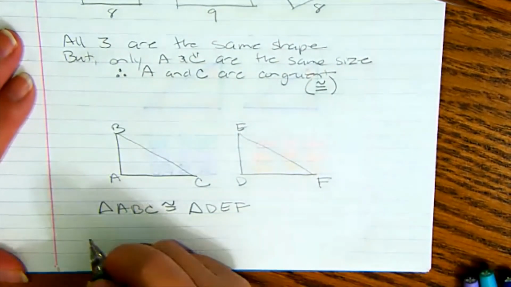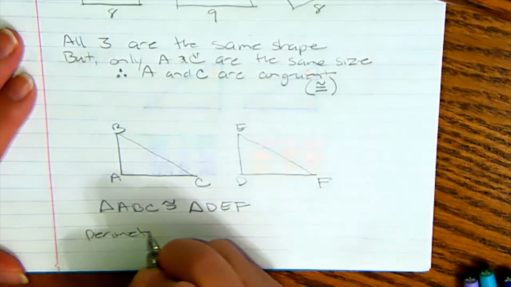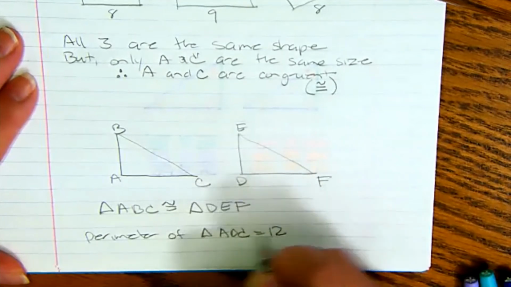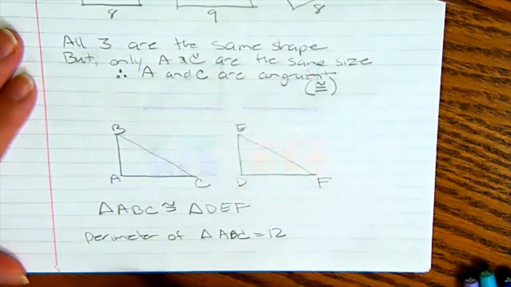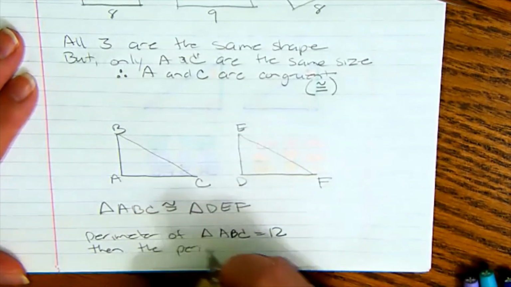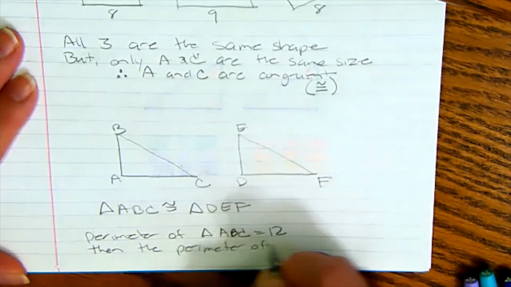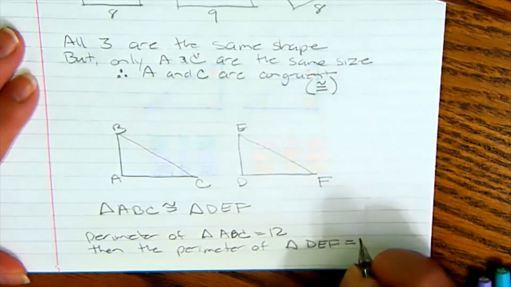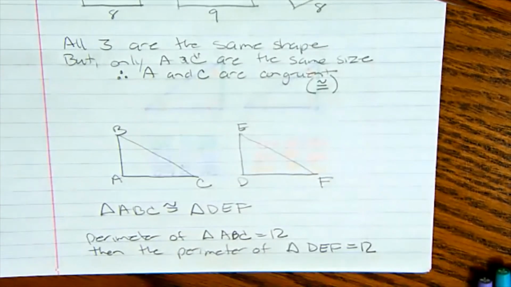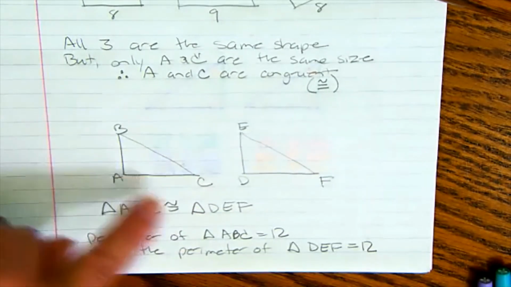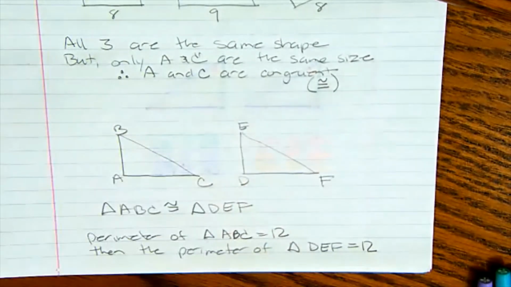And if the perimeter of triangle ABC is equal to 12, then the perimeter of triangle DEF is also equal to 12 because they're the same size and the same shape. So if the perimeter of ABC is 12, then the perimeter of DEF is 12.